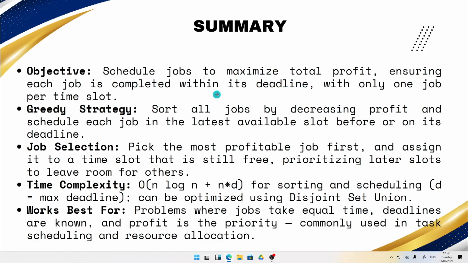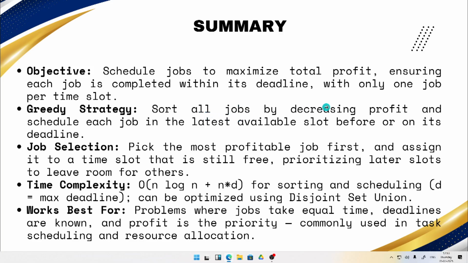Having seen how the task scheduling and job scheduling algorithm works and how the greedy approach is applied to it, now let us summarize what we have learnt so far. The objective of the task scheduling as well as job scheduling problem is that we have to schedule the jobs in such a way that we maximize the profit, and we also have a constraint that all the jobs have to be completed well within the deadline, and we need to allocate jobs for every time slot available for the machine.